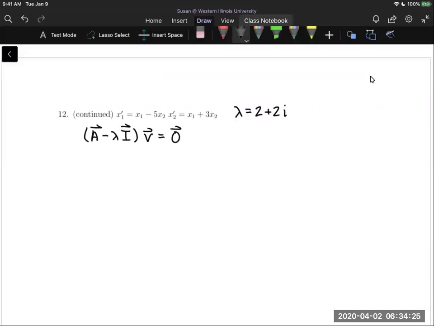All right, so what that's going to become is the following. I'm going to take my coefficient matrix A, and then on all the diagonal entries, I have to subtract off my lambda. On the non-diagonal entries, I don't need to do anything.